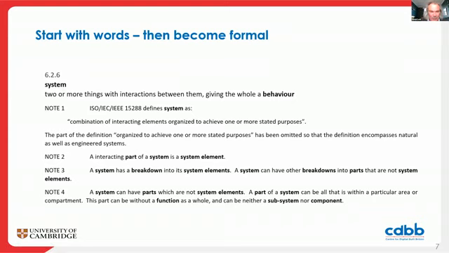So the work has started with just words, and we've tried to mine definitions from other places. There's the well-established standard for systems engineering. Every word there in black that is in bold is a defined term, and hopefully will have a place in the ontology.